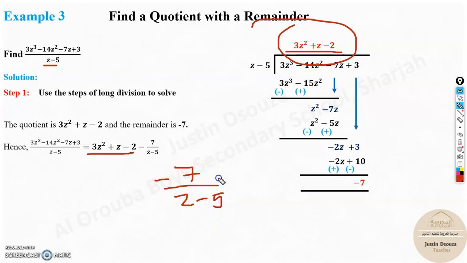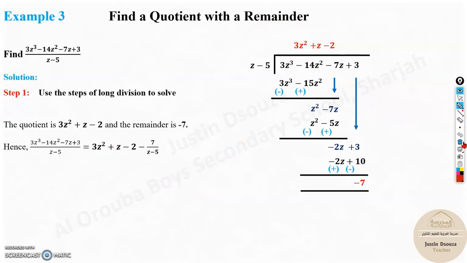This is your answer. So please remember, if at all you have any remainder, say you add over here instead of minus 7, say plus 2. So what would have happened? After minus 2, you should have written plus 2 divided by the divisor z minus 5. So this is your final answer.